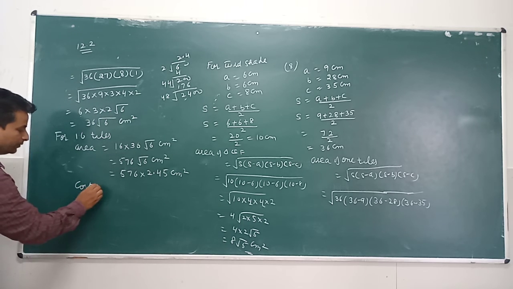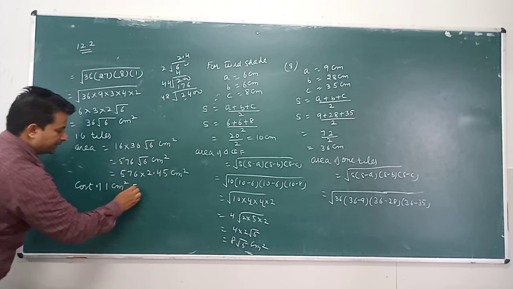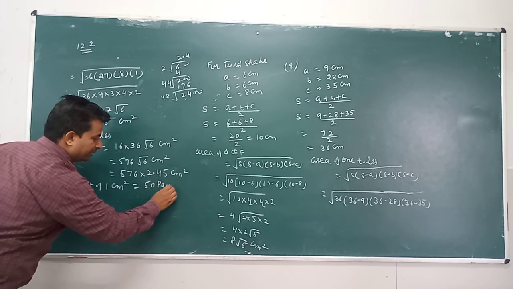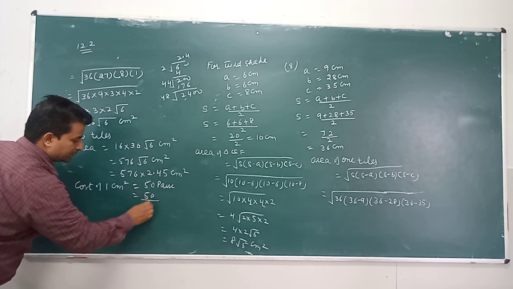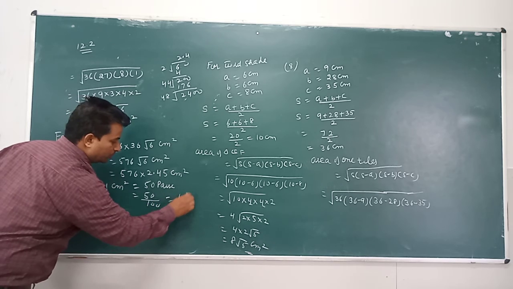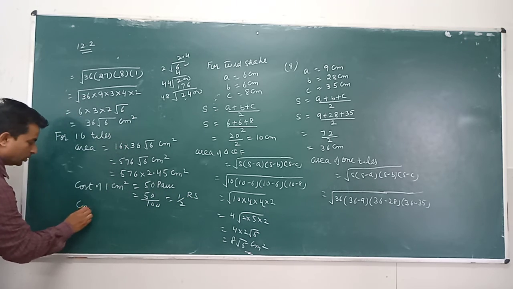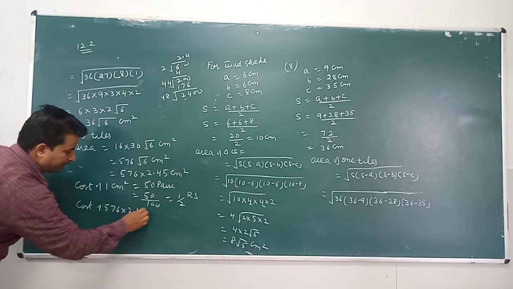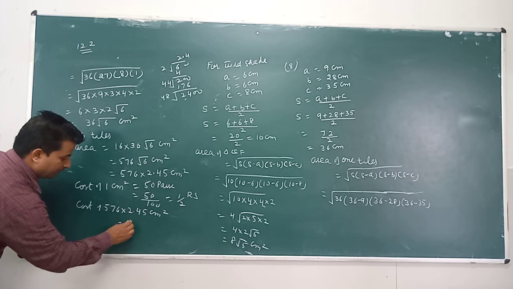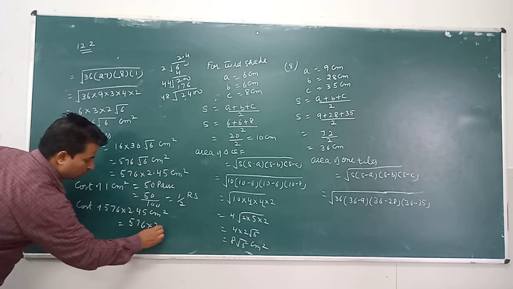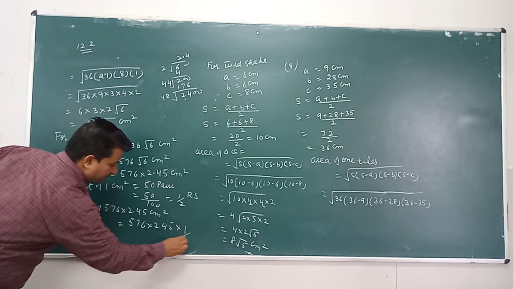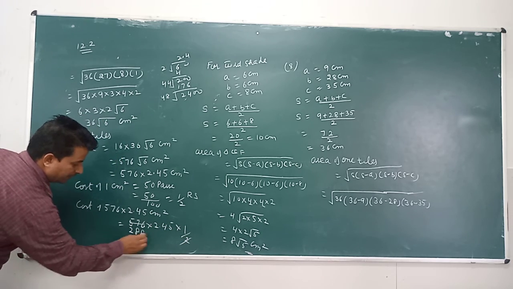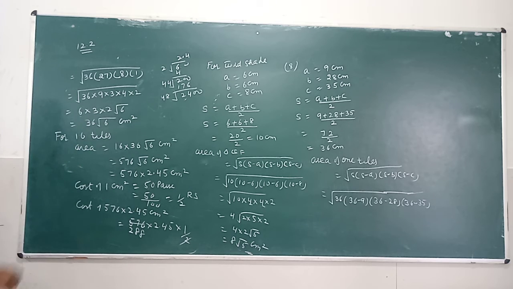The cost of 1 centimeter square is 50 paise. When we convert into rupees, this is 50 upon 100, which means half a rupee. So the cost of 576 into 2.45 centimeters square is 576 into 2.45 into half, which is 288 into 2.45.